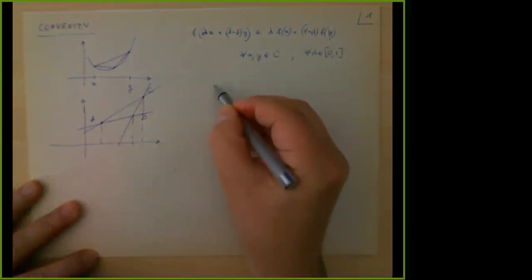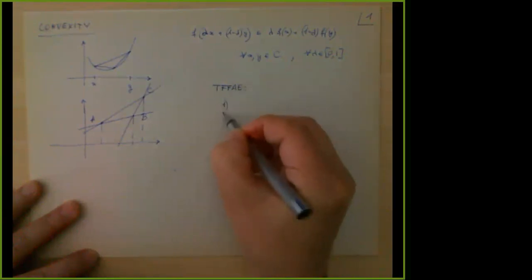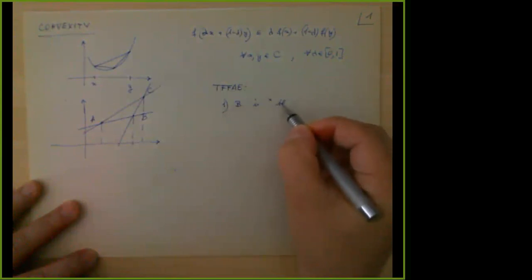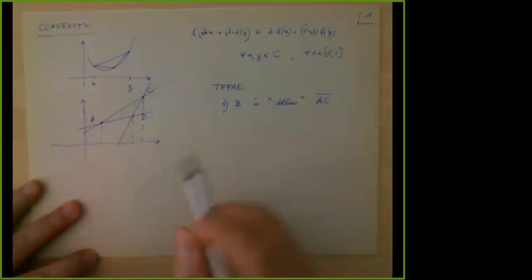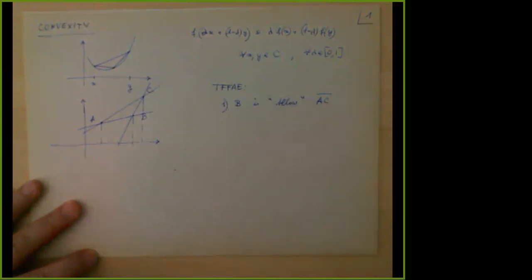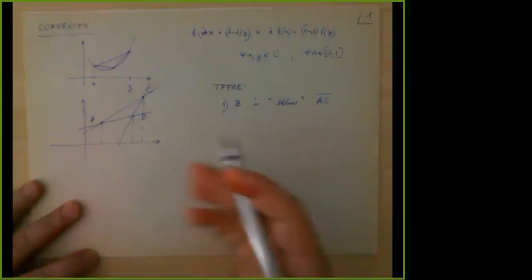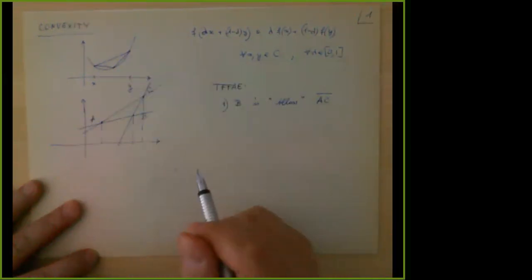So let's say the following facts are equivalent. 1, B is below the straight line AC. Of course, below is not a mathematical expression, but if you formulate the concept in terms of the usual translation into Cartesian geometry, everything is fine.